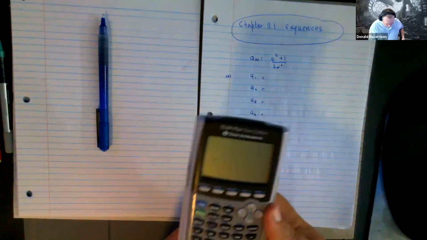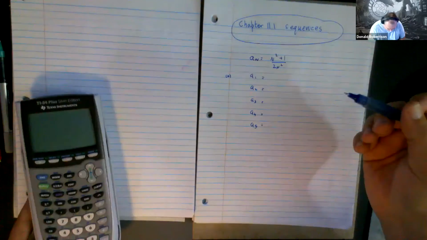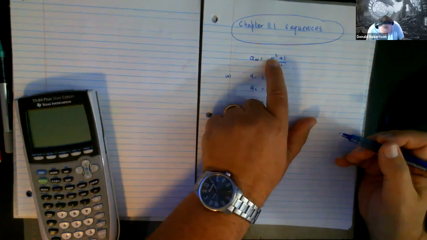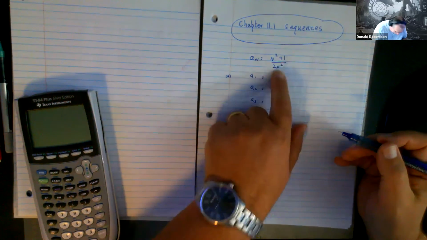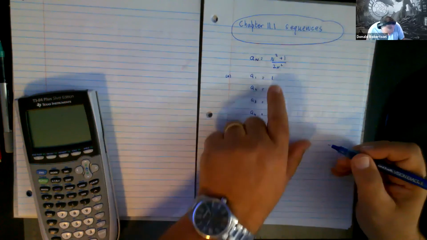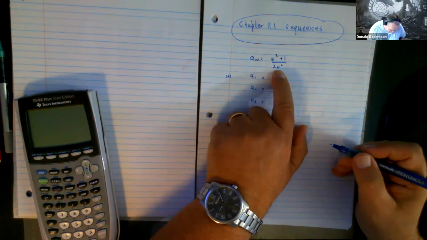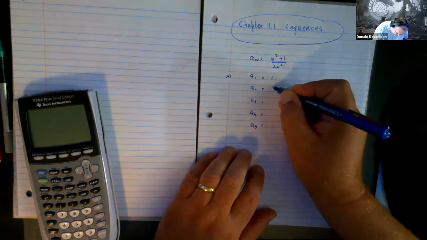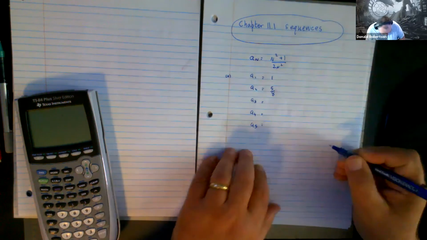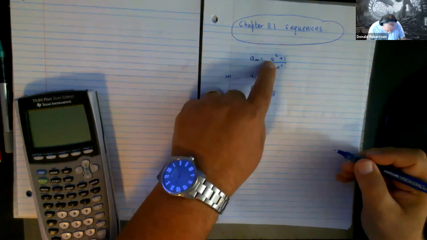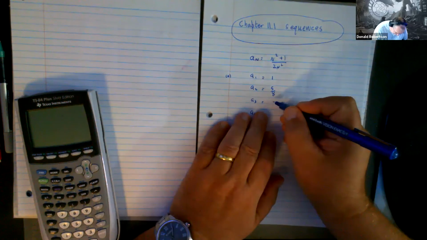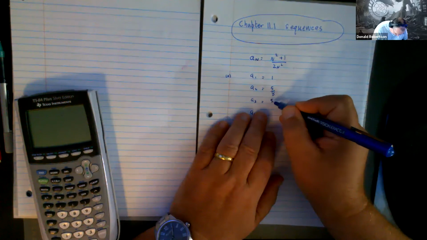And I could certainly do these guys by hand. I could plug in 1. So 1 squared plus 1 is 2. 2 over 2 gets me 1. Plug in 2, that's 5. 2 squared is 4. 4 is 5/8 then. If you plug in 3, you get 10 on the top and 18 on the bottom. And 10 over 18 gets you 5/9.